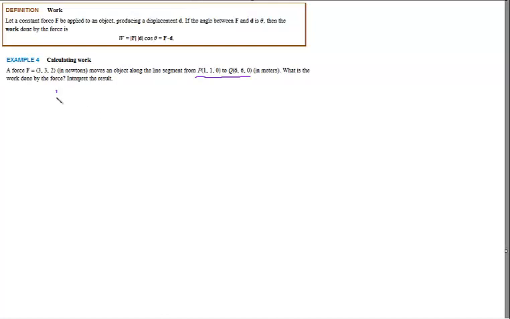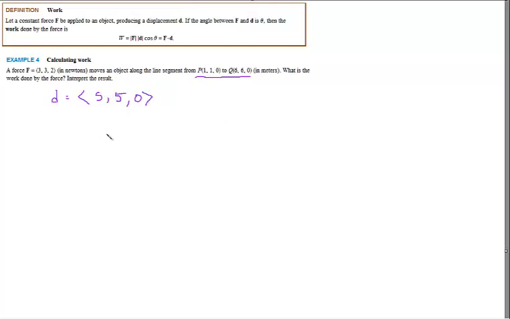So D in this case would be, if you'll remember from a section or two back, in order to get that displacement you're just going to take the Q minus the P. So that's going to be 6 minus 1, that's 5. 6 minus 1 again, that's 5, and then a 0.